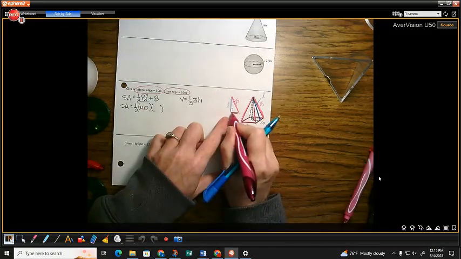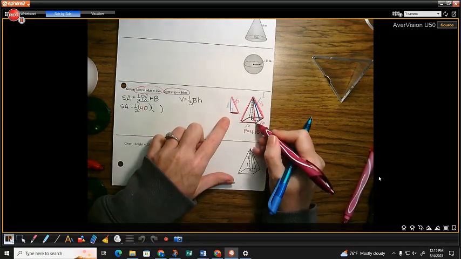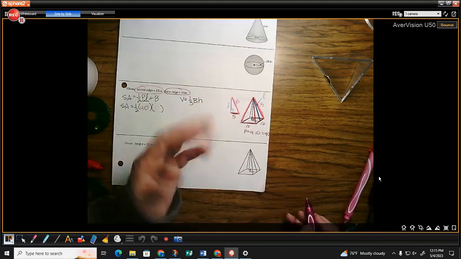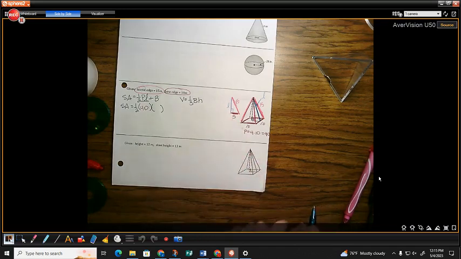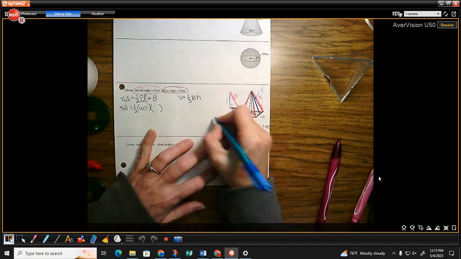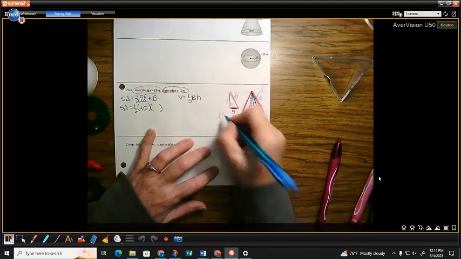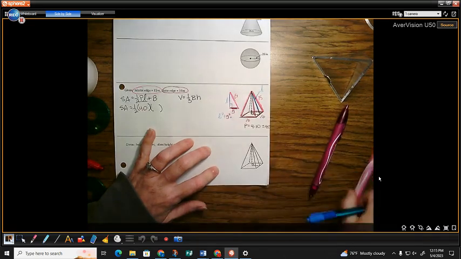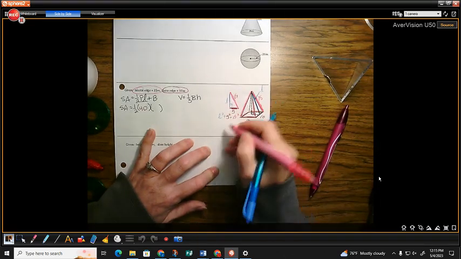What about the bottom of this right triangle? Is it the whole 10? No. It's only going to be 5. It's a half side. How will I find my slant height? Hello, Pythagoras! So my slant height squared plus 5 squared is going to equal 15 squared.